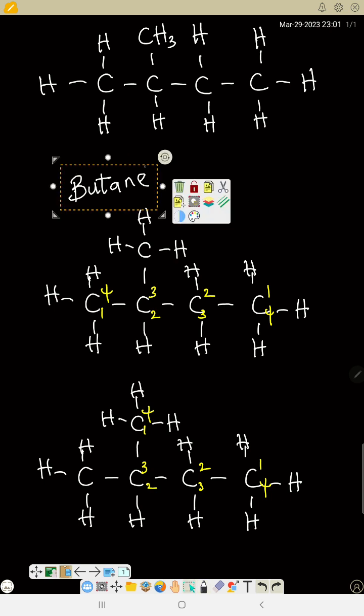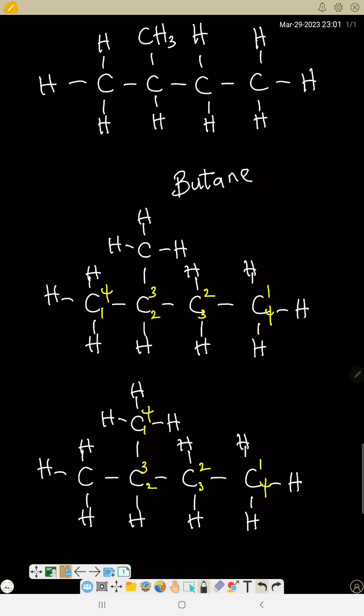That means the name will be 2. First, we have methyl there. That is methyl. We have a methyl group. But what is now the position of that methyl? The position is 2. That is, after 2 carbons, you have the methyl. So that will be 2-methyl butane. That is the name. So 2, the position of this methyl, butane.